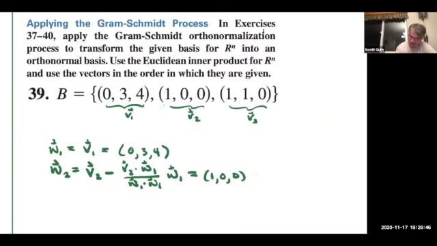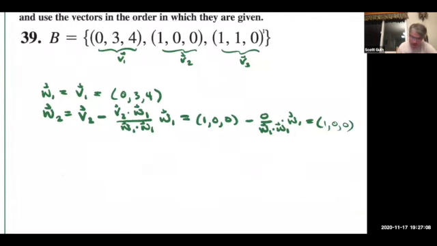So the rest of the computation is actually irrelevant. You're going to have a 0 over W1 dotted with W1, and it doesn't matter what that is, and then multiply it by W1. So this is just going to be 1, 0, 0. There's nothing else really to do with that. It's super easy.